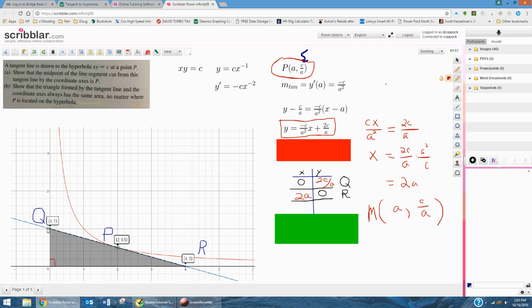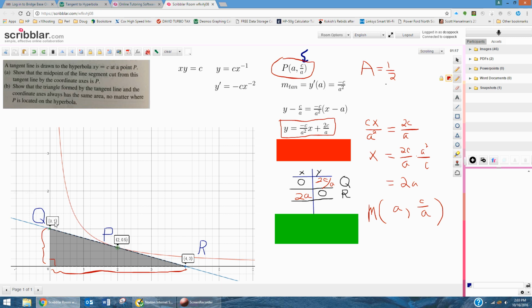This could be considered the height. This could be considered the base. And the area of a triangle is 1/2 the base times the height. So A equals 1/2, what's the height here of this right triangle?